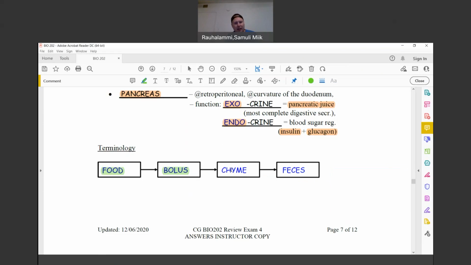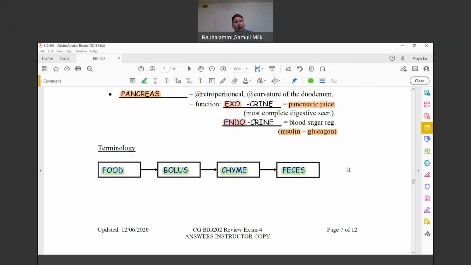Once bolus reaches the stomach and gets mixed with stomach acids, we now have chyme, so mixture of stomach acid and food material. This was the very liquidy, watery stuff. And we saw examples of that when someone had diarrhea. And of course, you remember at the level of large intestines, we recover the water from the chyme, and now the dry material only is left behind, things that cannot be digested, so a lot of fiber, bacteria, and so on.